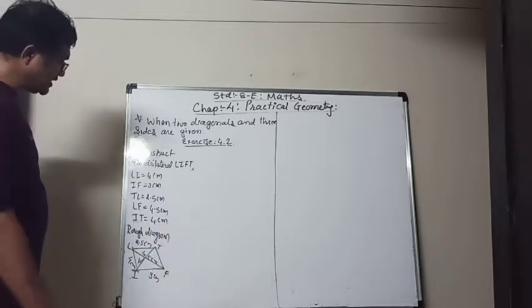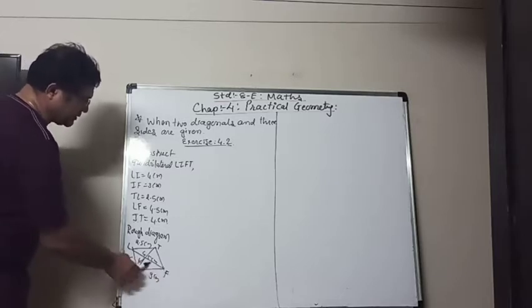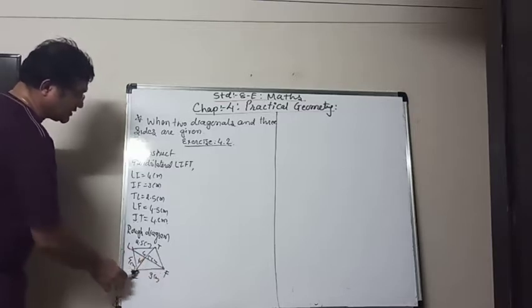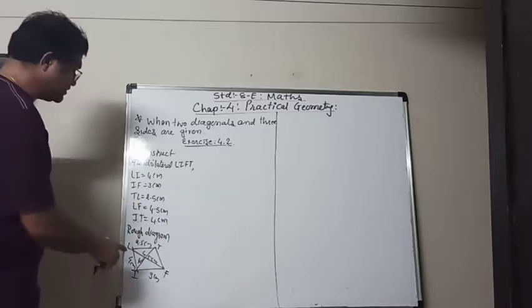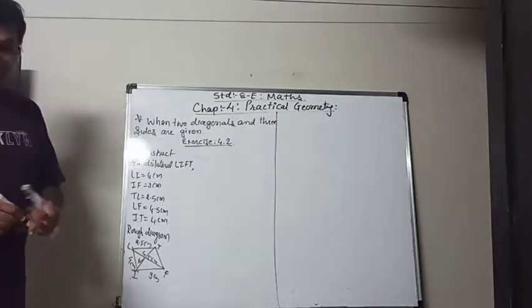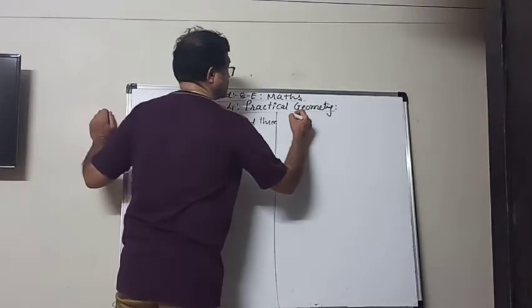Now I will see that 3 sides are given and the diagonal is given. So I will draw this triangle first. It means that first I will take line LF.